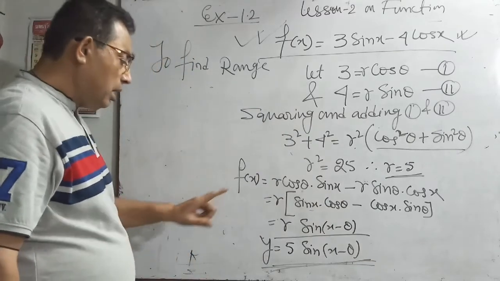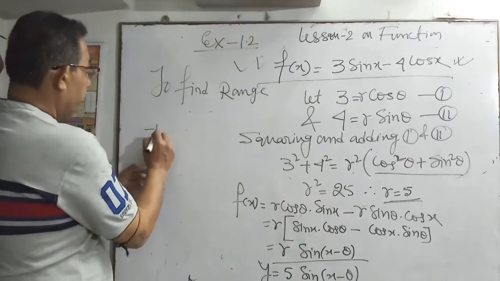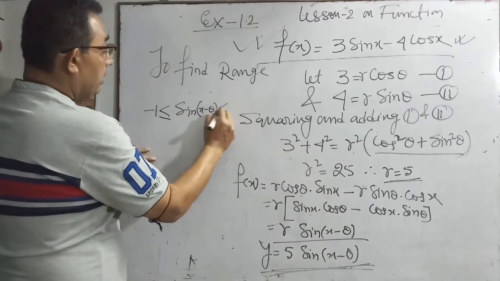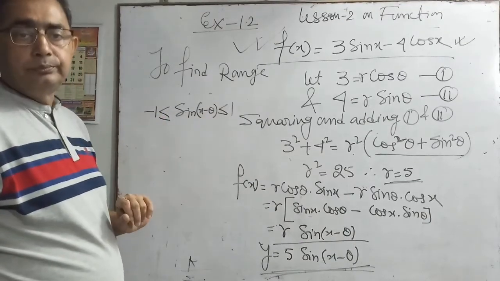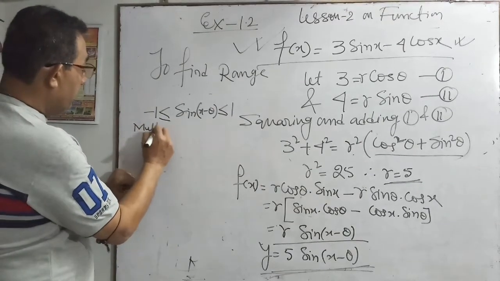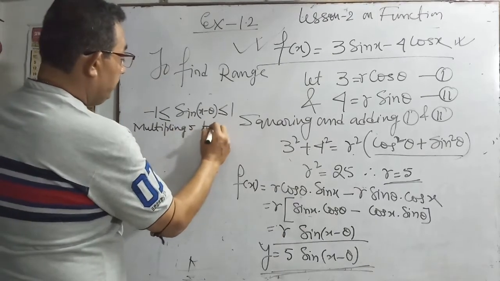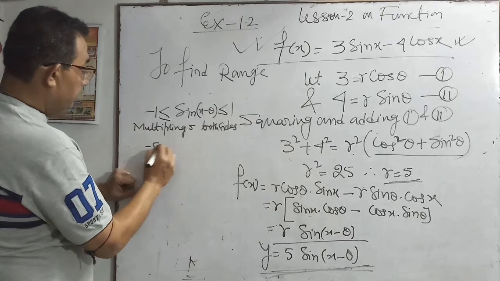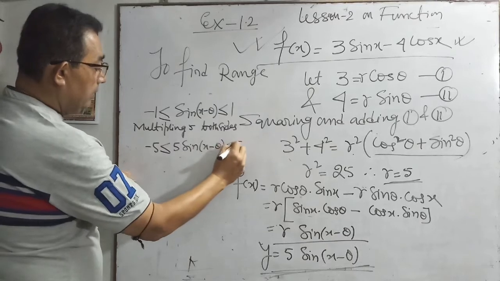Now, you know sin lies between minus 1 and 1. Clear? Now, multiplying by 5 on both sides, minus 5 is less than or equal to 5 sin(x minus theta), which is less than or equal to 5.